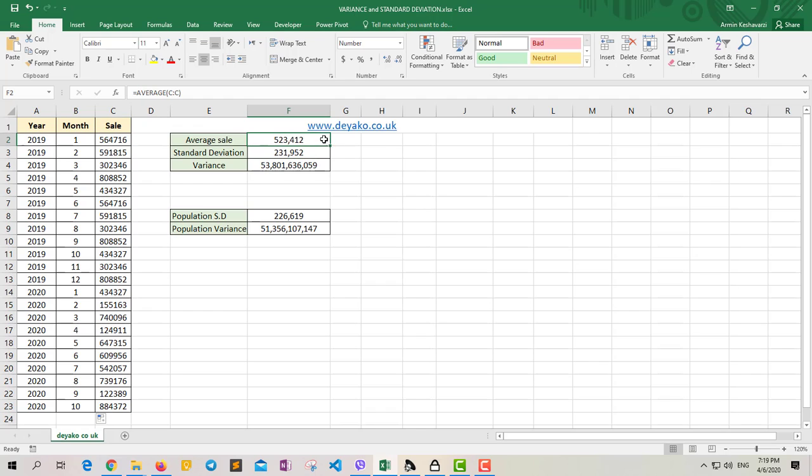So for example, if I have the average number at the center, I can tell that in my data set, our data will not be less than the average minus 2 multiplied by the standard deviation. And we can say that in our data set we will not have a value more than the average plus 2 standard deviations. So the data set will be in the range of, for example, this number to this number.